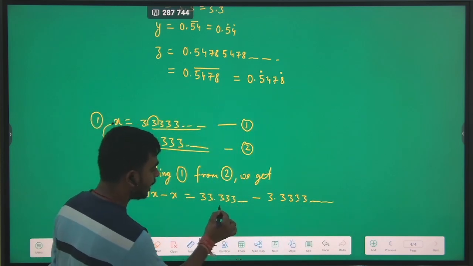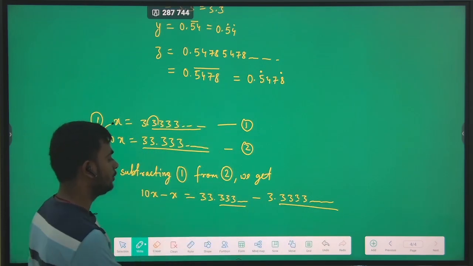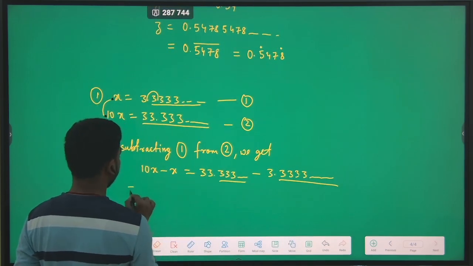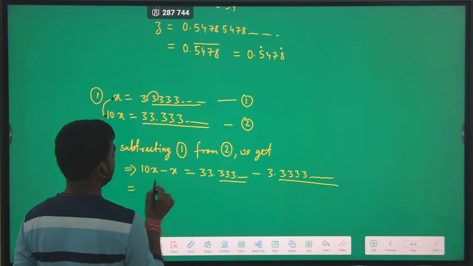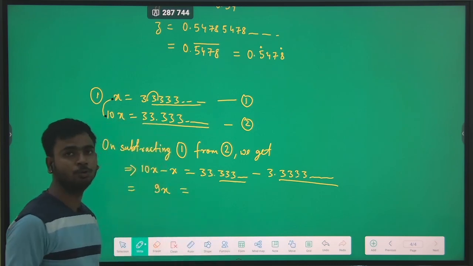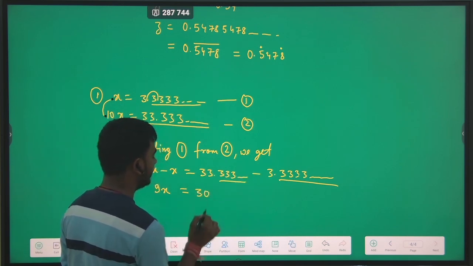So this part and this part will vanish. On subtraction, 10x minus x will be 9x. 9x will be equal to 33 minus 3, that means 30.